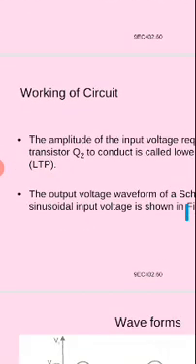Actually, it is a potential, or lower trigger potential. It can also be called the lower trigger point.